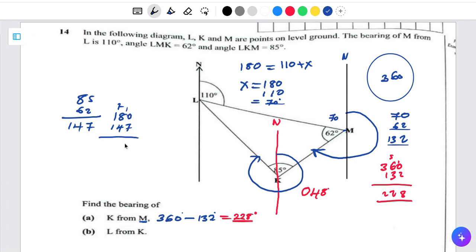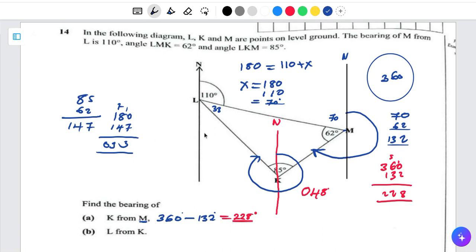So 110 plus 33 is going to give us 143. So this 143, we are going to say 180 minus 143. So what are we going to get? This is going to be 7, this is going to be 3. So it is going to be 37. So this is 37. Even this one is going to be 37.